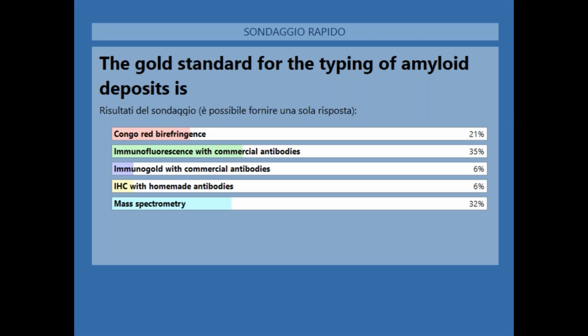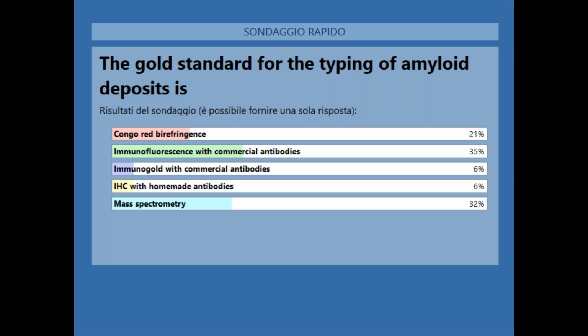So the first answer is not correct because it's the gold standard for the diagnosis of amyloidosis, not for the typing of which protein is causing the amyloidosis. The second answer could be correct, but as I told you before, there are many cross-reactions between the different antibodies.